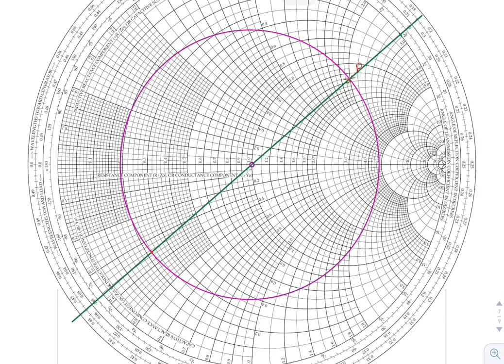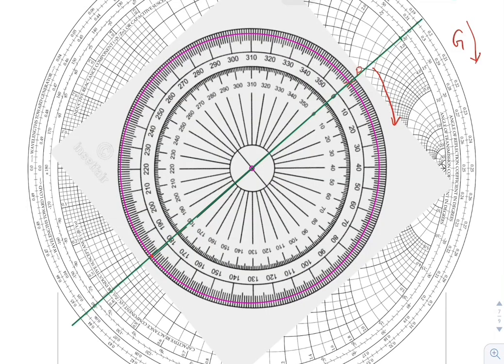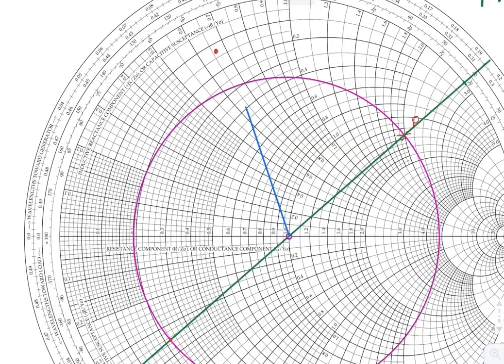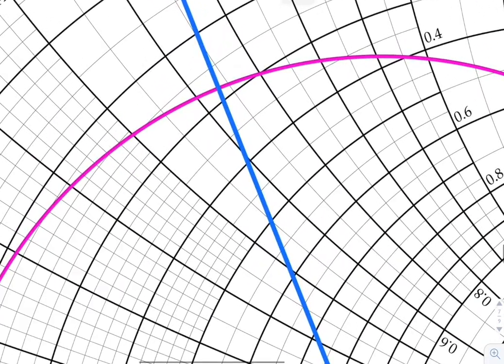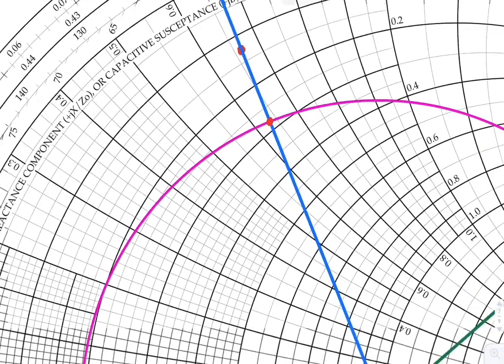So on the Smith chart you have to travel 288 degrees from this line, that is towards the generator. On the protractor this is 0 degrees, 288 degrees means this point. Draw a line from the center to this point. The point of intersection of this line and the curve is this point. Let us find the value of R and X in this case.